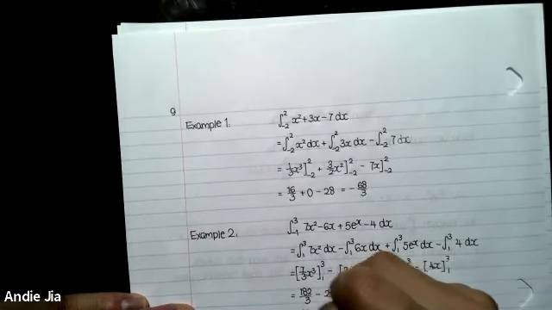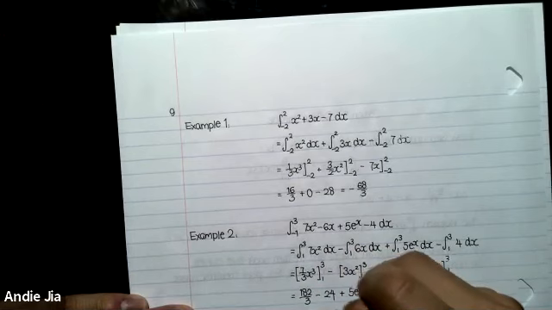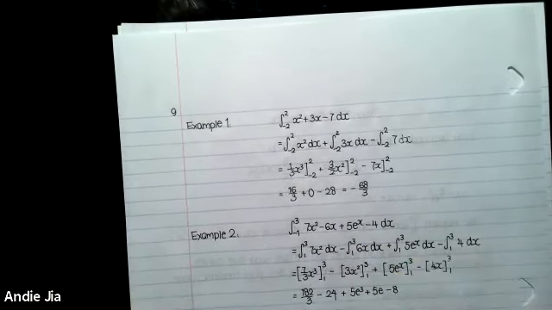Plus 5e to the third plus 5e. Approximating, the value should be around 2.7, 2.7.